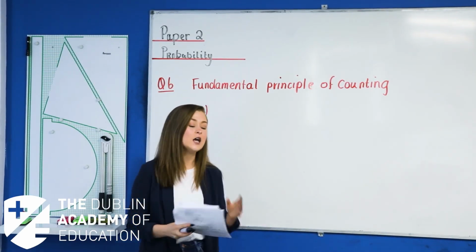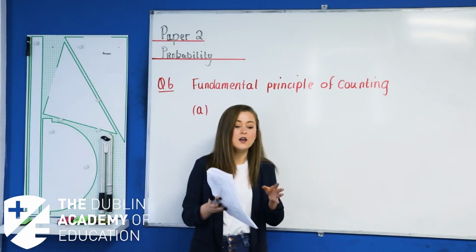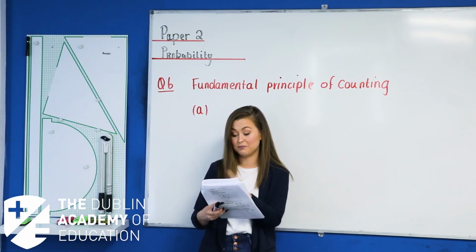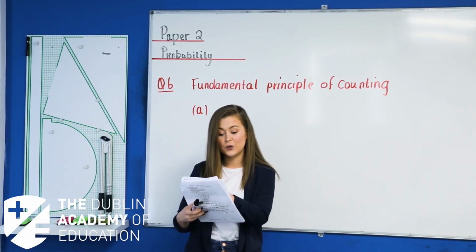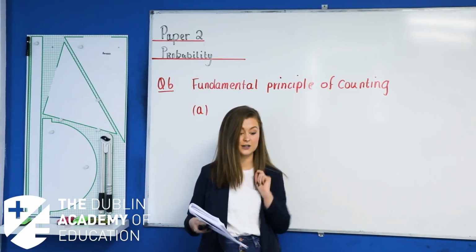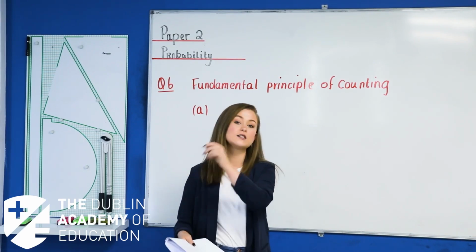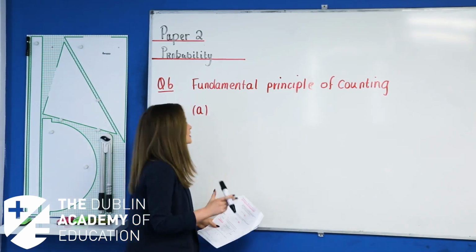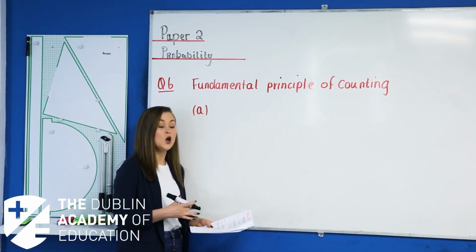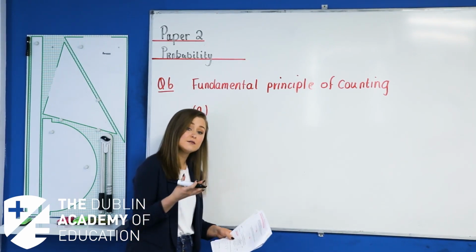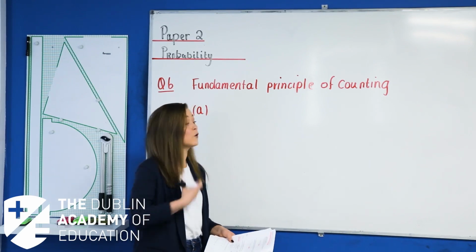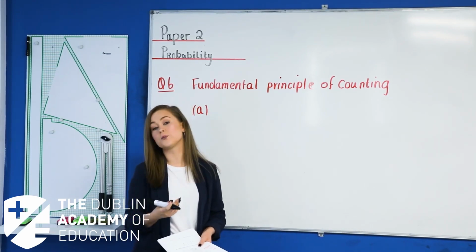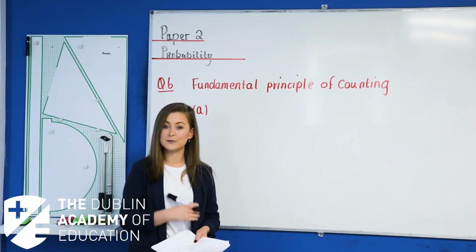So here they're saying, how many different ways can we combine a pair of shorts? For example, you can have a green pair of shorts, a red pair of socks, and a white top. How many ways can you actually combine them? The fundamental principle of counting states, when you have m ways of doing one thing and n ways of doing the other, the total number of outcomes is m times n.